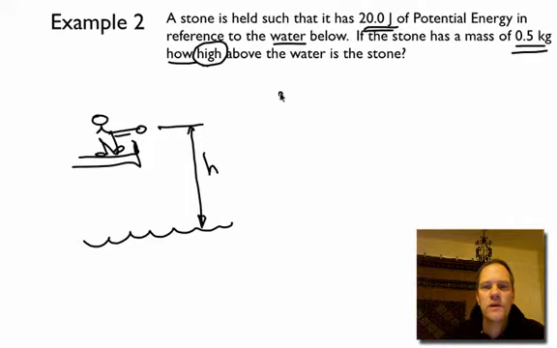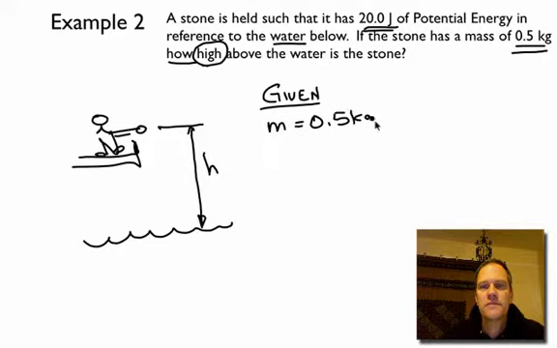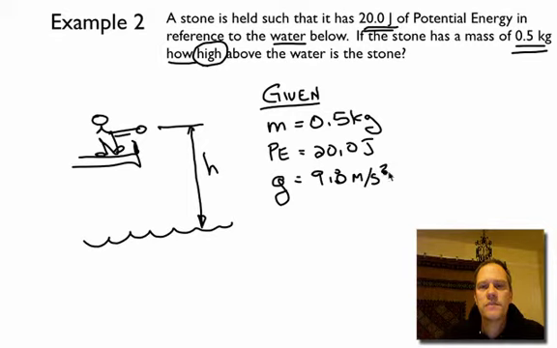We're given some information: the mass is 0.5 kilograms, the potential energy of the stone is 20 joules, and we also know that gravity is 9.8 meters per second squared, and we are looking for the height. So see if you can work that through and come up with a solution.